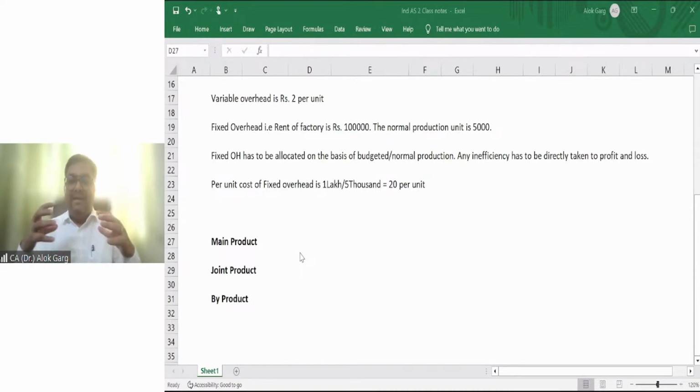They are digging the oil well. They are extracting the oil well just to get the oil, just to get the petrol, right? And while extracting the petrol, they got another material which is diesel as well.